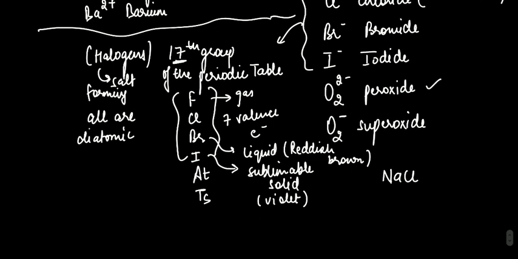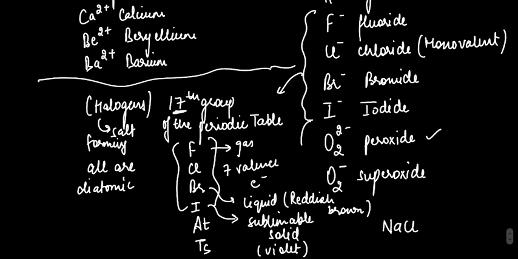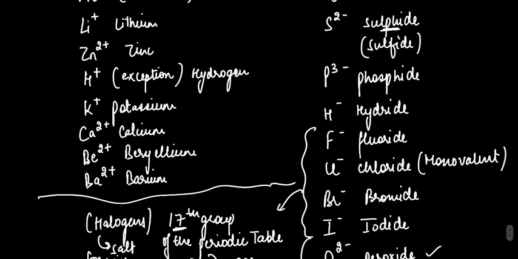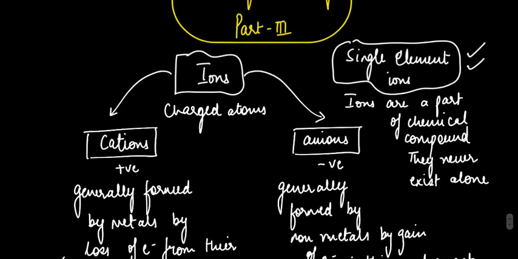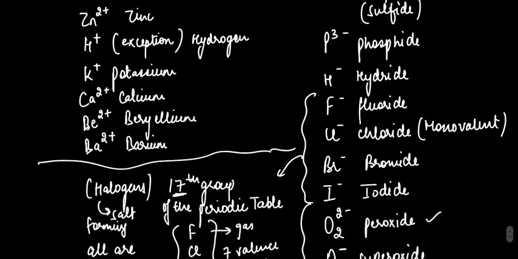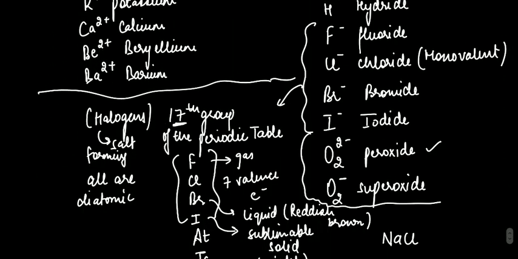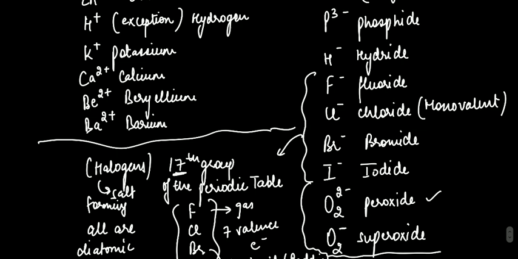Then moving ahead, once we have learned these ions, this is partly done, not completely. We have started with single element ions. Now this is one type of charge I'm talking about. Still I haven't introduced the cations like silver, copper, or mercury.